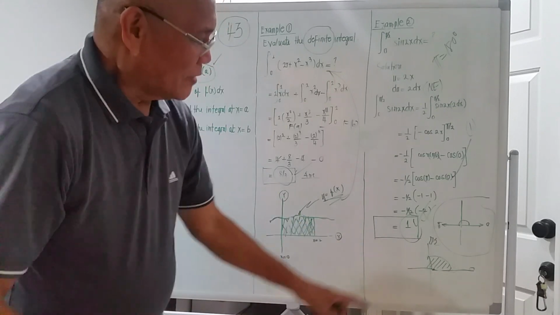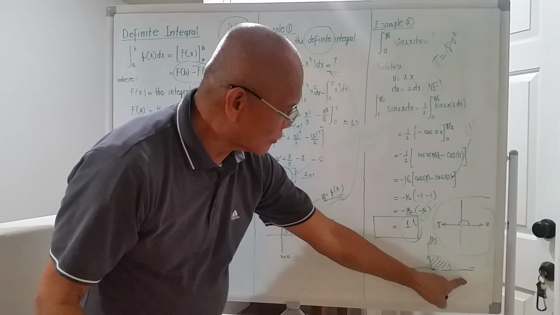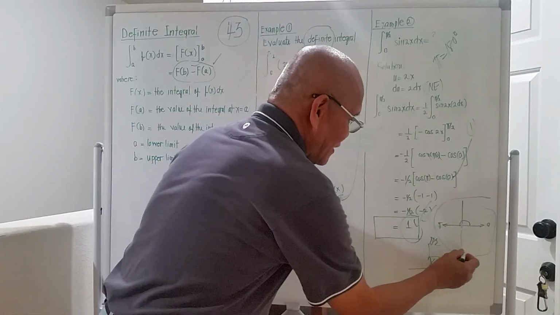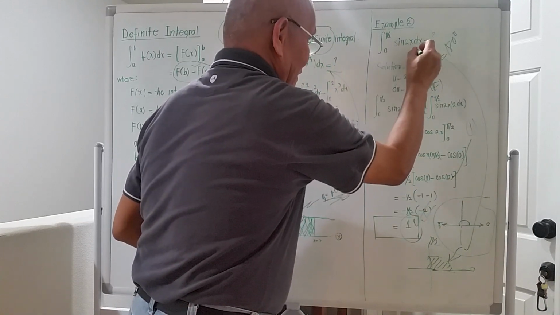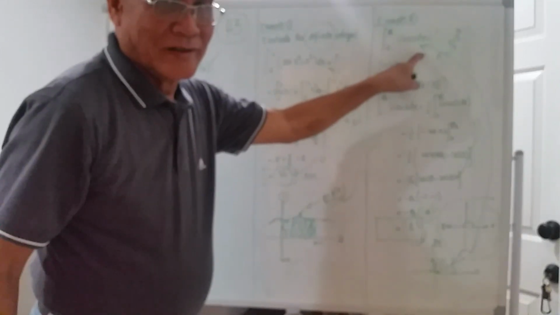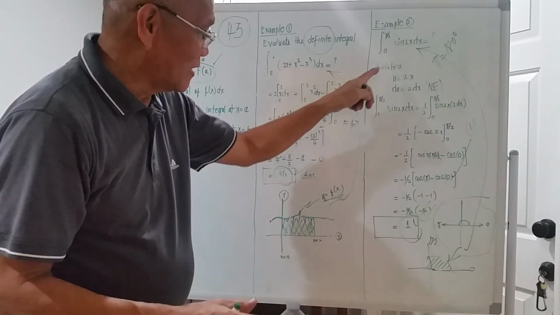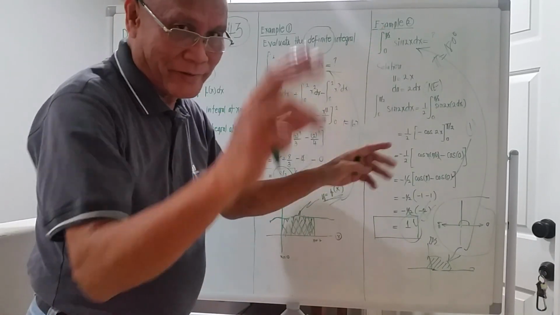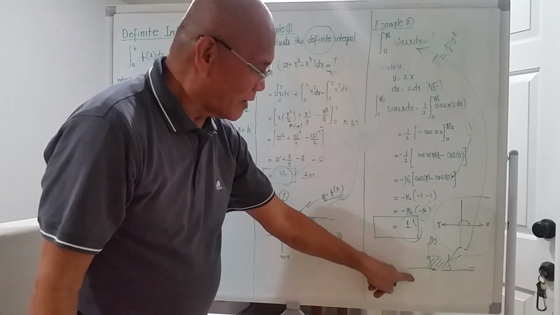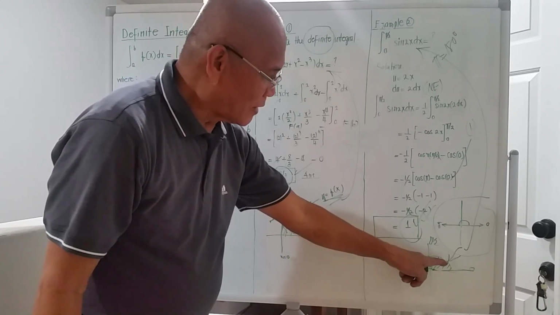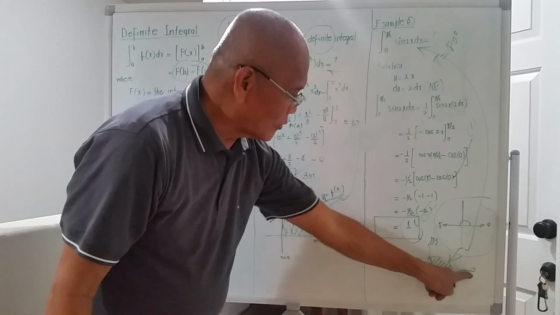So it seems the problem is asking for the area under the curve. Maybe the graph of this is the given equation. Try to visualize it like that, so you'll get interested in why the lower limit and upper limit are given. So the problem is asking for the area under this polar trigonometric equation with the limit from 0 to pi over 2.